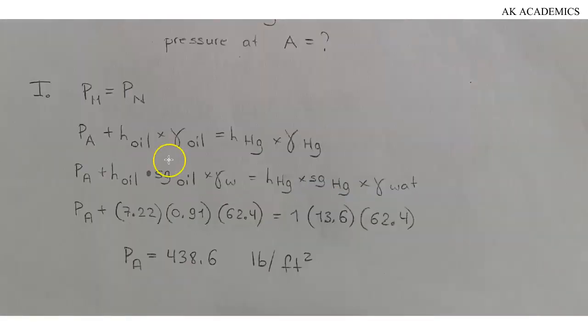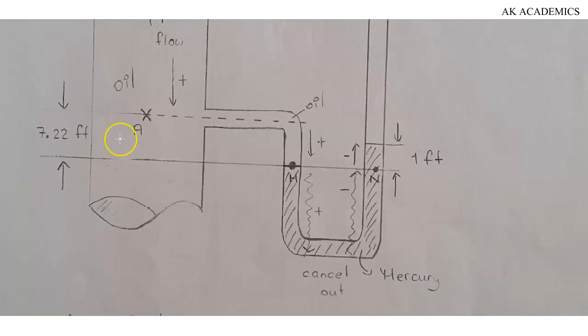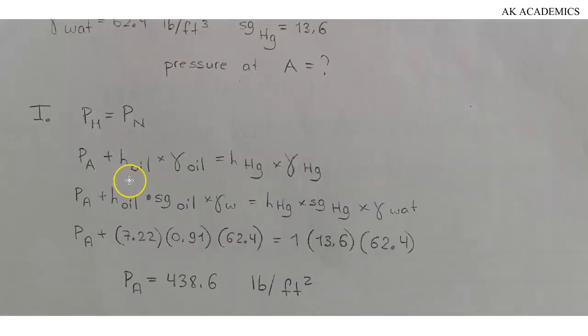If we take it further from here, we do know that we are looking for PA, so we leave the PA the way it is. We already have the height of oil, 7.22, so we can easily replace H oil with that. Then the specific weight of oil can be given as specific gravity of oil multiplied by the specific weight of water.